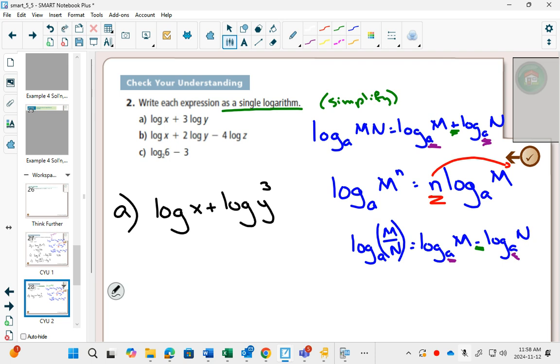Because there's a log law that says if a number's in front, you can move it inside as an exponent. And now, this matches up perfectly to log law number 1. I have log plus log. So I would be allowed to multiply inside the logarithm, and this would be a single logarithm and simplified.